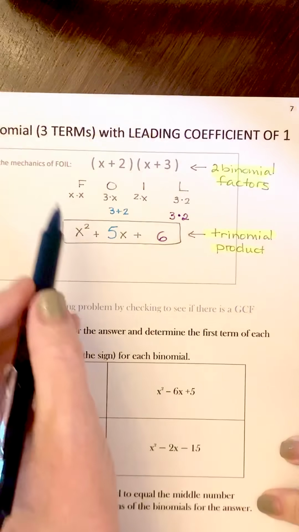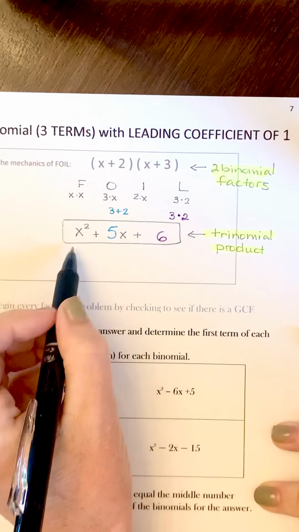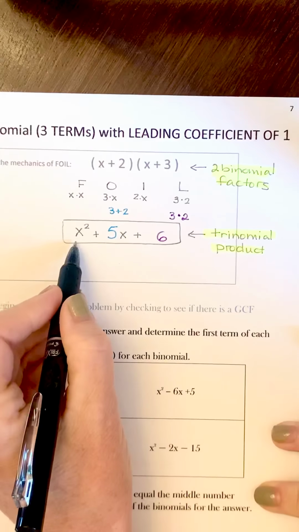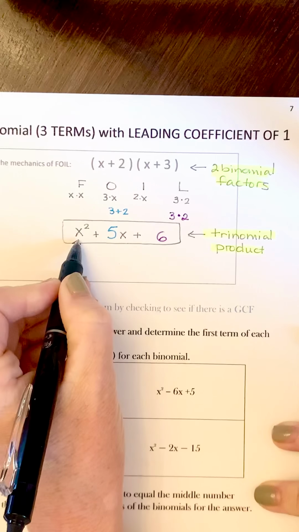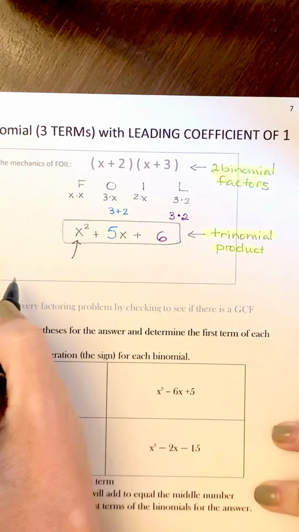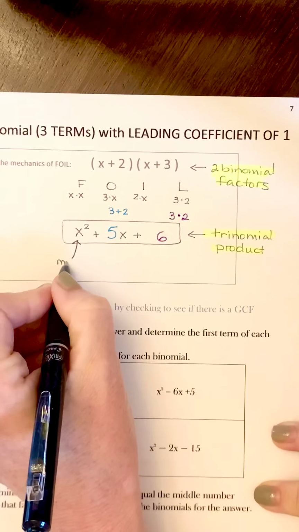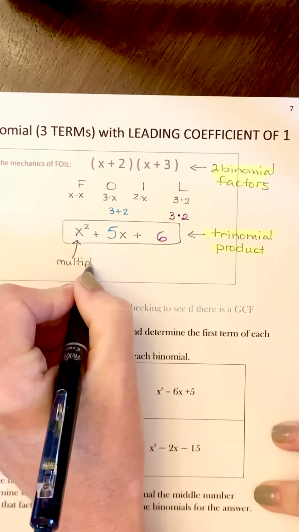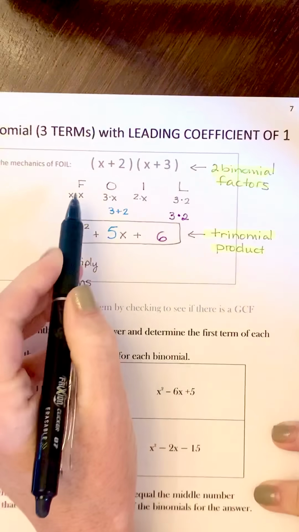All right, to figure out what the binomials are, you start by saying, okay, because of FOIL, I know that this first term of the product, we got it when we multiplied the first terms of the binomial. So to get your first term of your product, you multiplied the first terms of each binomial.